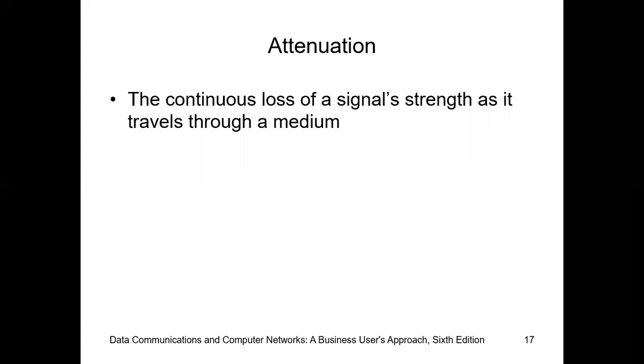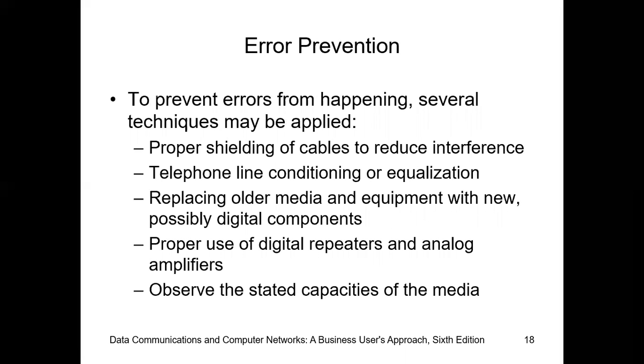Every signal needs boosters, devices such as amplifiers, repeaters, and switches, which must repeat the signal when it is experiencing attenuation, the continuous loss of signal strength as it travels through. Right.